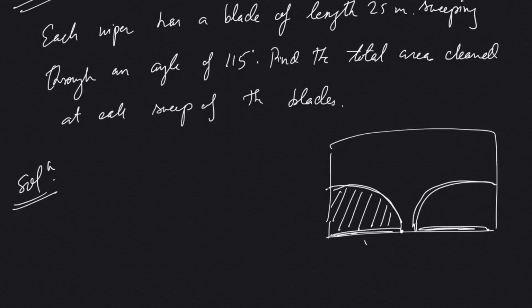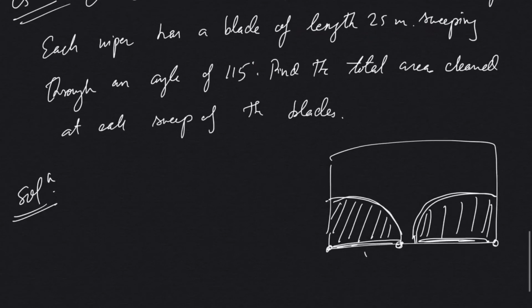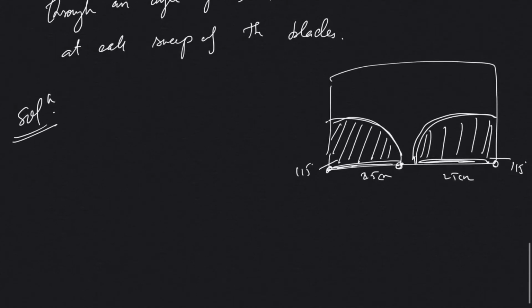So this will be the area swept by this wiper, wiper 1. This will be the area swept by the second wiper. Now each wiper makes an angle of 115 degree, and each wiper length is 25 centimeter, sorry, 25 centimeter. Now they are telling us simply to find out the total area swept.